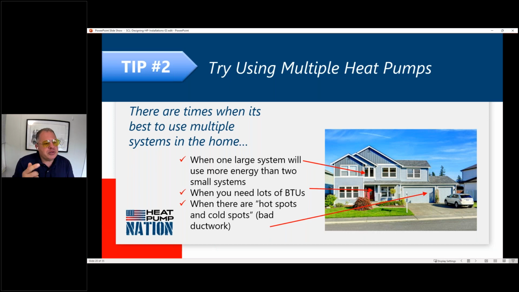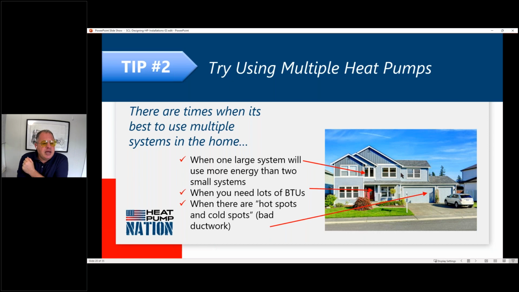What homeowners experience is they get two smaller, more energy efficient heat pumps, providing a greater level of comfort in the home than if they were to use one large heat pump. So in the end, multiple heat pumps can give you a comparable cost, but better comfort and better energy efficiency.